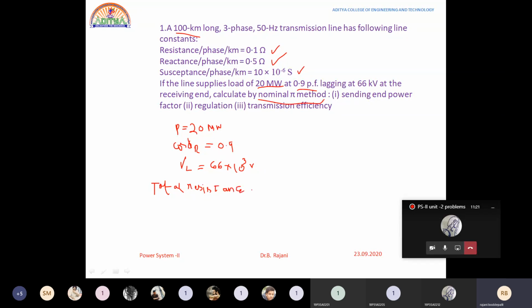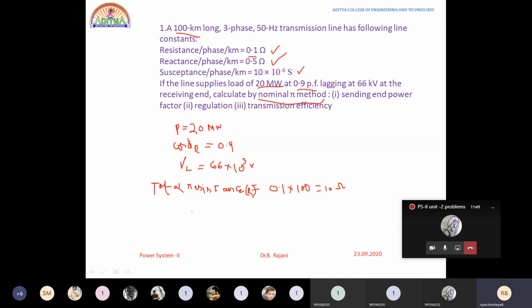The resistance he had given is 0.1, but the total length of the line is 100 kilometers, so multiplying 0.1 into 100, I get R as 10 ohms. How much have I got? 10 ohms, which is nothing but R.